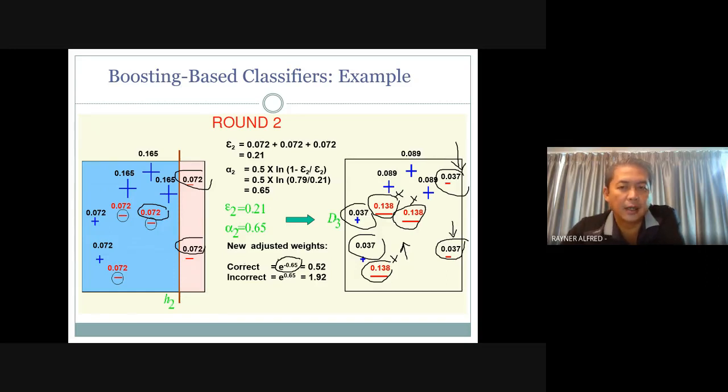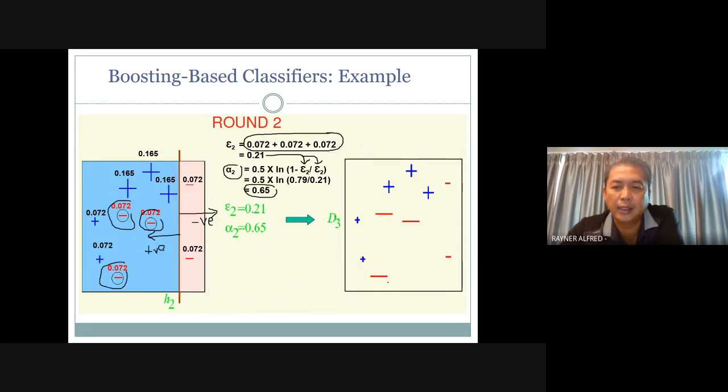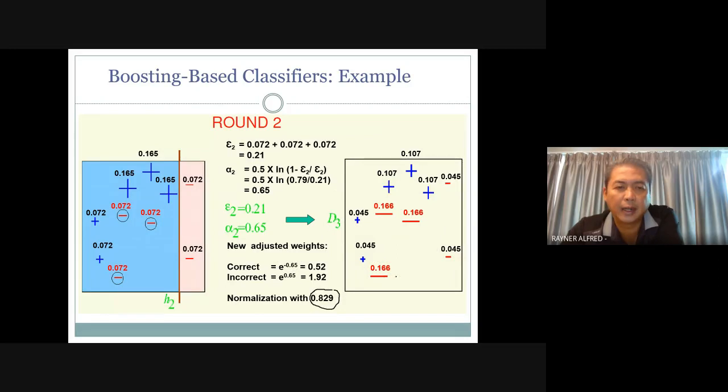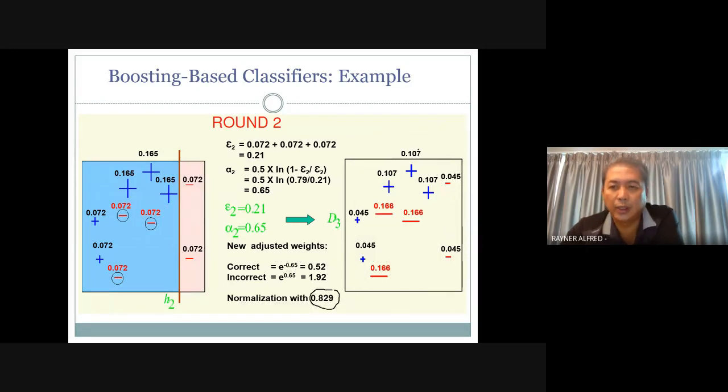Okay, before we proceed, these values must be normalized first. So what do we do? We add up all this value, and what we get, the value is this, and we divide all of this with 0.829, and we get new weightage here.